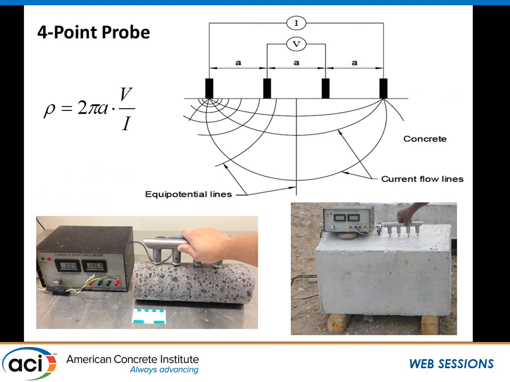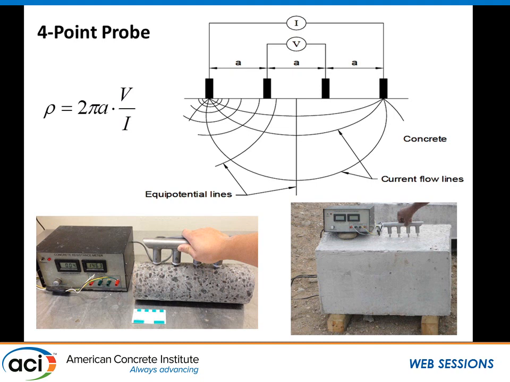Some of the other data that I'll be showing is actually based on using a 4-point probe. Again, I'm sure a lot of the speakers who are going to speak today are familiar with this. This is a technique that's been around for a very long time. It was developed by a guy called Wenner for measuring resistivity of soils and rocks. And it is a technique that can be applied to concrete as well.